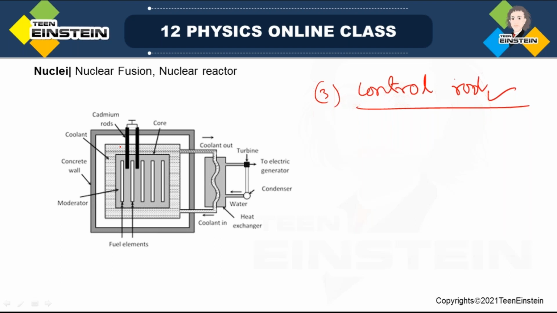Now there will be a coolant. In this case, very high energetic neutrons are stopped by heavy water. The energy released by a neutron to the moderator will get converted to a huge amount of heat, so the temperature will be very large.